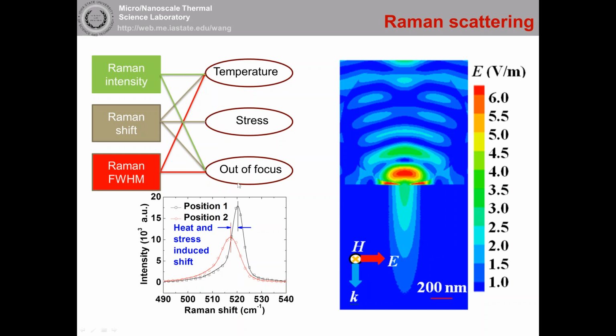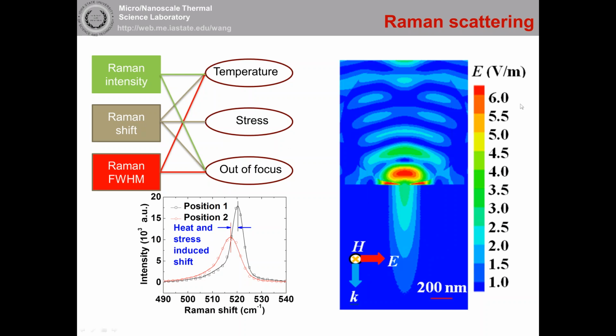So the optical focus has another very strong effect on these three. That means in the experiment, we need to control these three things, and if all of them exist, we need to decouple the effects to find the temperature, the one we want. Fortunately, it's doable.